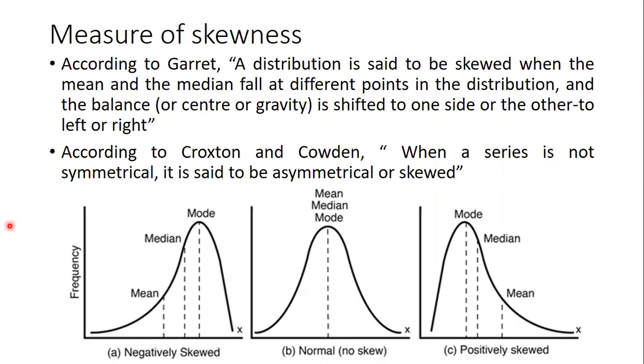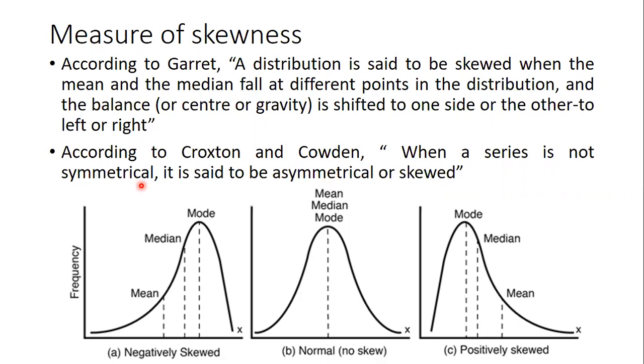There is one more simple definition given by Croxton and Cowden. They say, when a series is not symmetrical, it is said to be asymmetrical or skewed. Symmetrical means everything is the same.